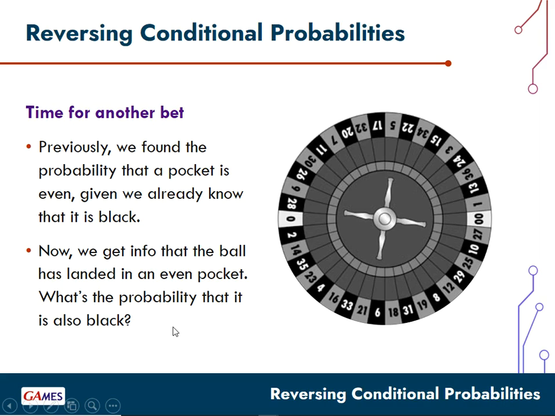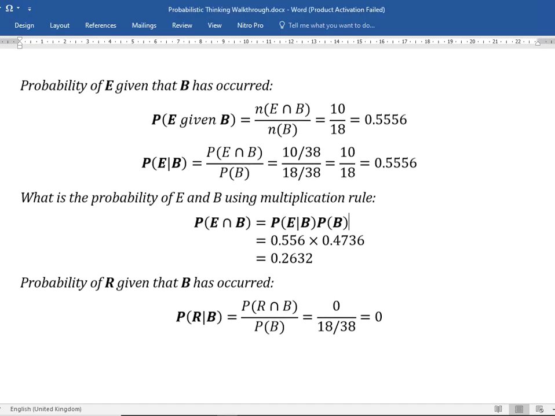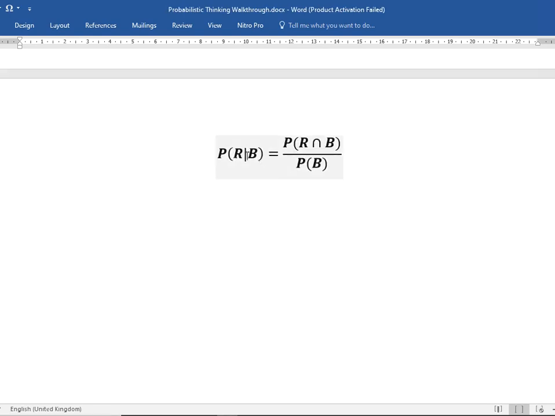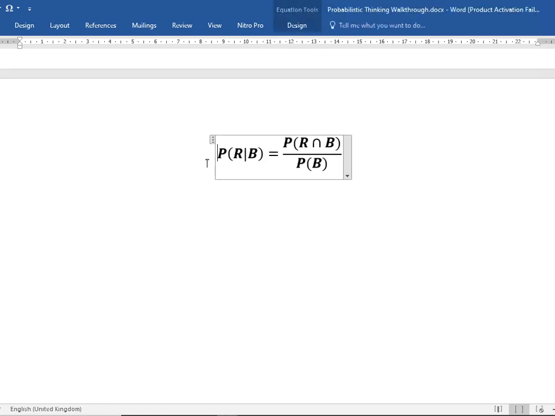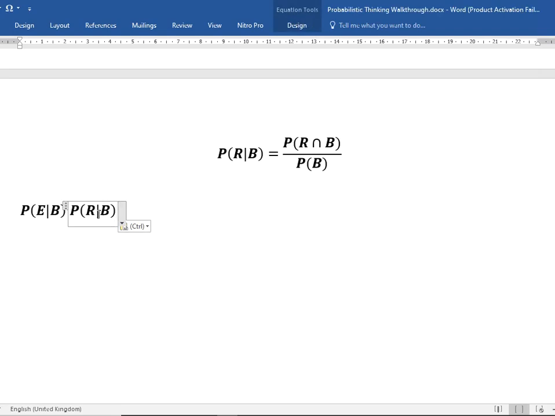You see? So in essence, what you're trying to do here, all right, is, let me just copy this. Initially we looked at the probability of even given black, but now we're looking at the probability of black given even.